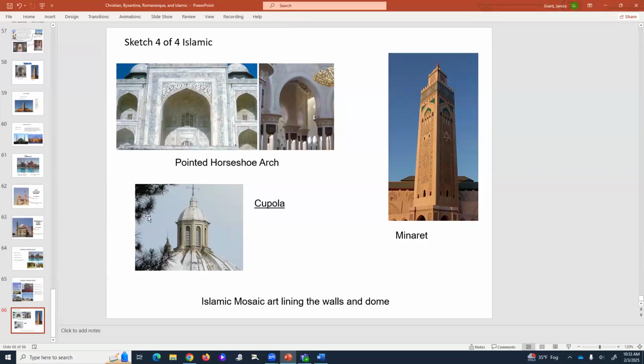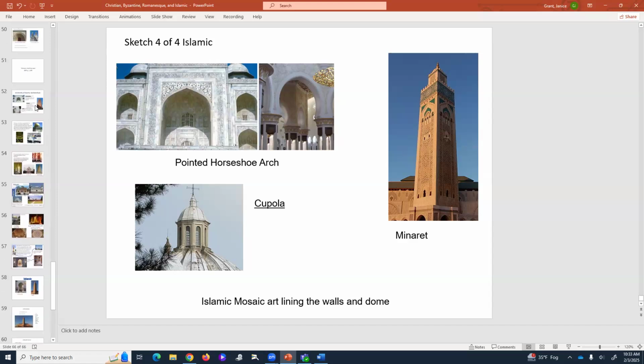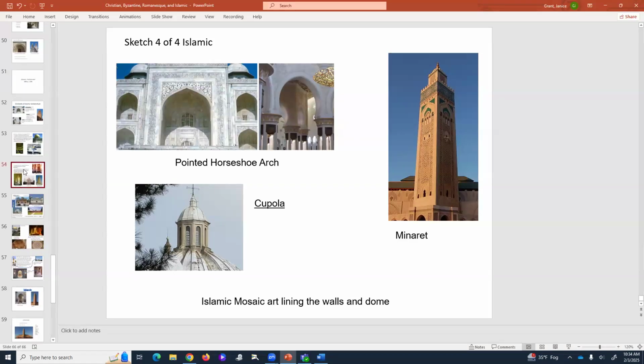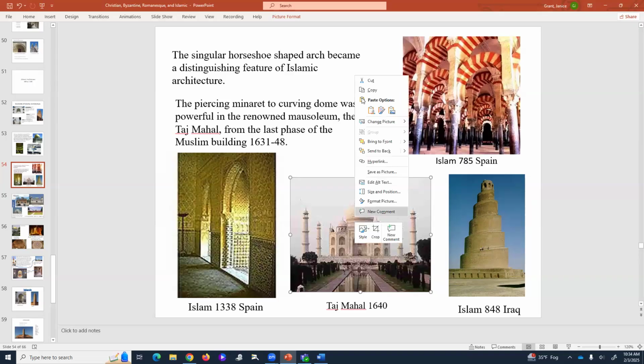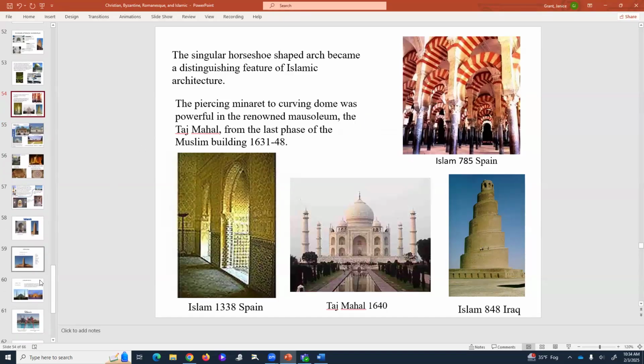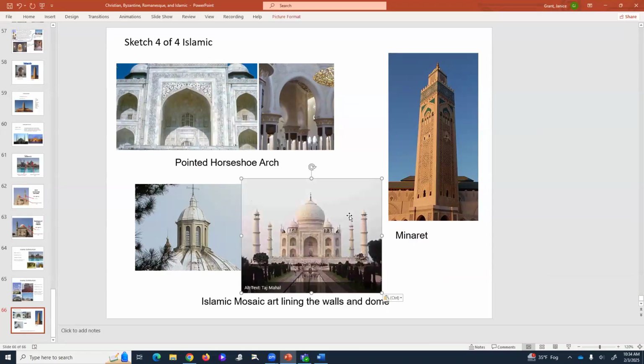In fact, this minaret could also be just, where's that at? If you wanted to create just like these tall towers. I'm just giving you these elements of it, so you don't have to draw all of these.